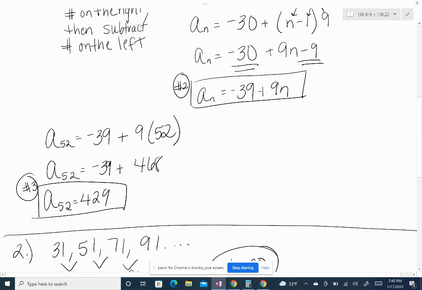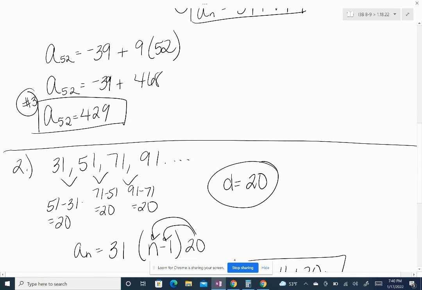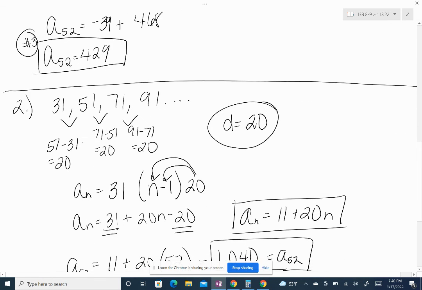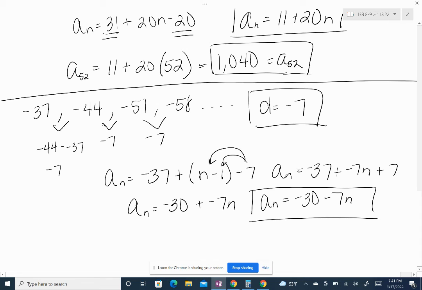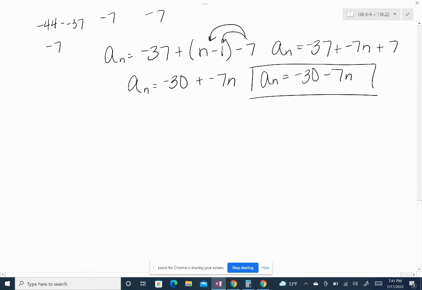So if you get confused, think about this in terms of money, or like the stadium we talked about, whether it's the Staples Center or whatever. So let's say the first row has 31 seats. That would be n equals 1. N equals 2 would be the second row. That was 51 seats. So every single time more seats are added. When it's negative, I'd probably just say stick with money, because usually that's the best way to understand a negative number.